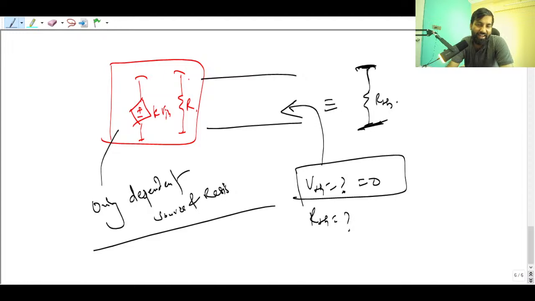Okay, and remember that if a single source is present in the circuit, मतलब single source अगर present है circuit में, so that will always deliver the power. Okay, that will always deliver the energy. It cannot absorb the energy or power. Remember, this is an important point. Okay, it will always give back to the network only, right? That is why we apply some sort of source, okay, to excite the network.